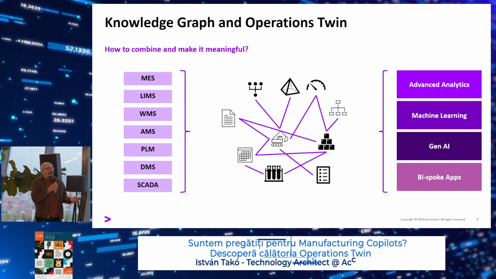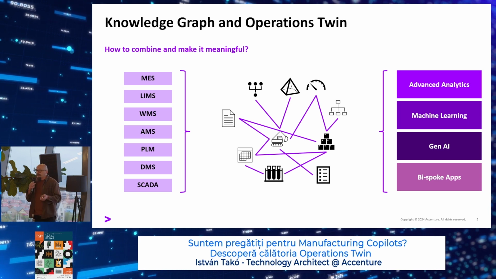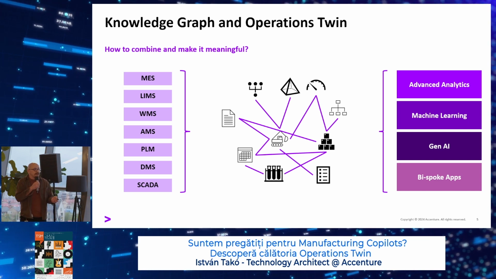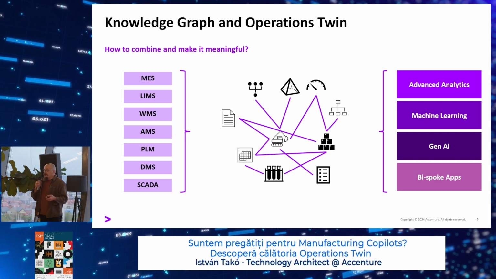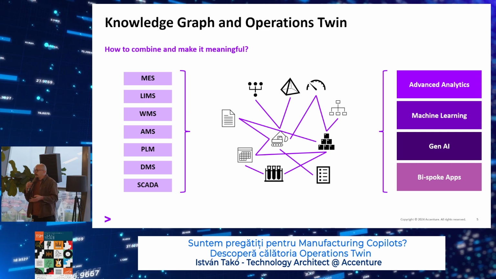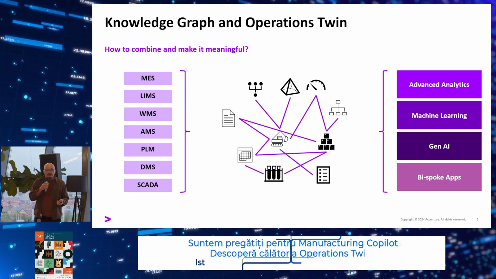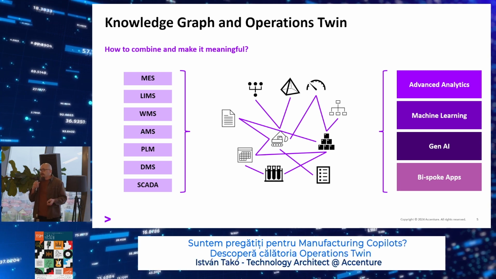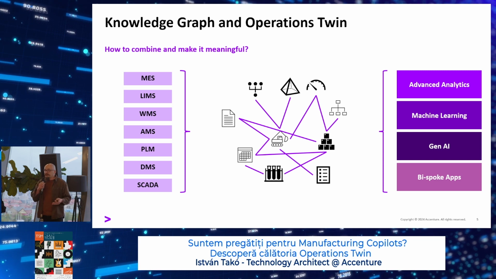Because I can have my production order from my MES, and I can have my material inventory from my warehouse management system, but if I do not see, or algorithms do not see the relation between them, then it's not useful. So we integrate, we transform the data to a common data model, and we find relations between them.